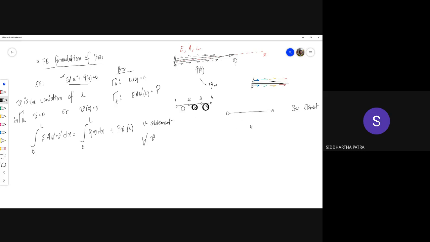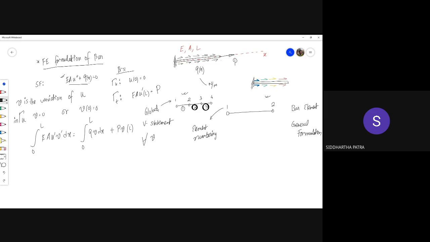Also, let's say this is our element, and these are the nodes 1 and 2. Now there is a difference between this numbering and this numbering. Here we are doing a general formulation, which means these are element numbering, and these are global numbering.